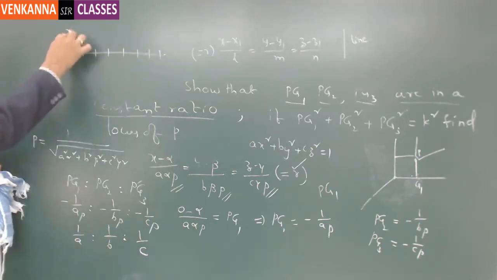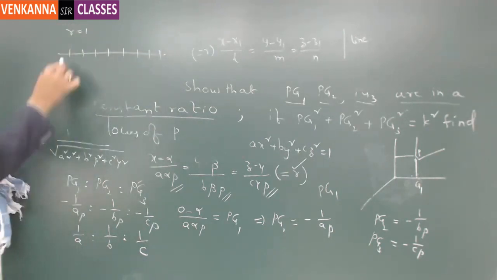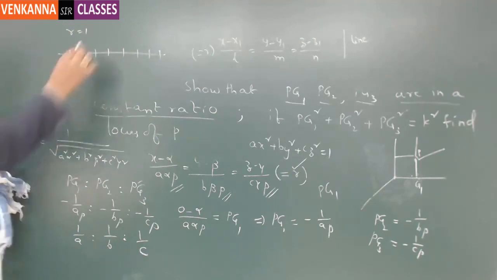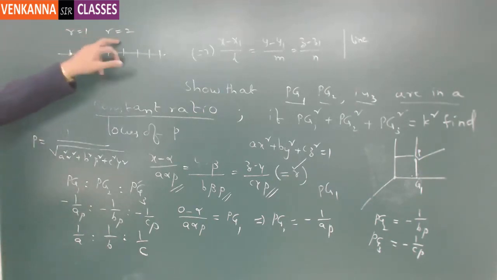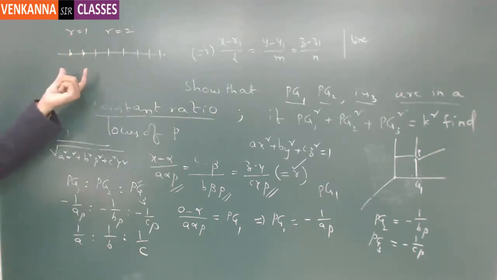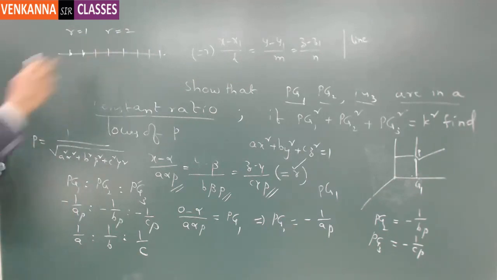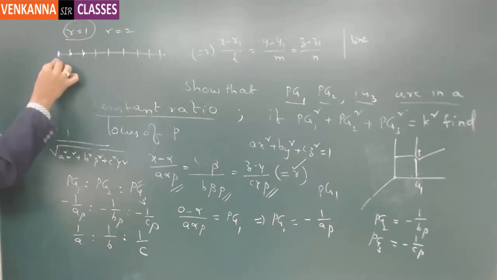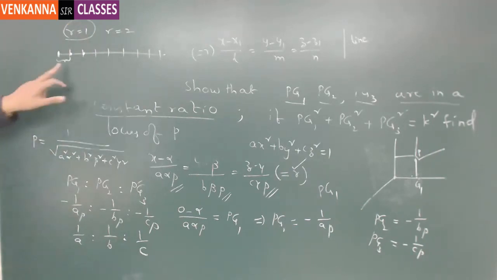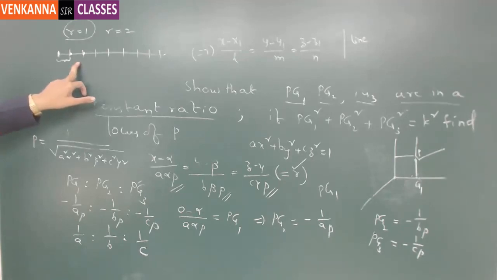Here, if you put r equal to 1, you will get 1 point here. If you put r equal to 2, you will get another point here. So for every r value, you are getting points on it. So while taking the DCs, r is nothing but the exact distance between the two points: 1 unit distance, 2 units distance, 3 units distance.